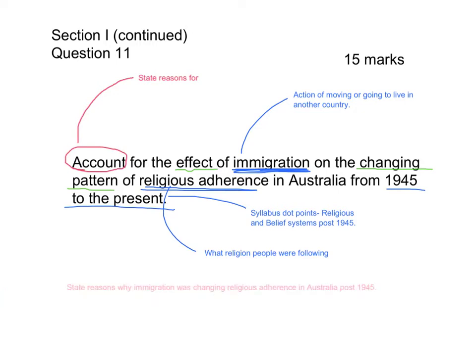Obviously, from 1945, we're not dealing with anything prior to that. Now that we have our question broken down, we should be able to answer it just by identifying what we actually need to do and the content that we're focusing on.